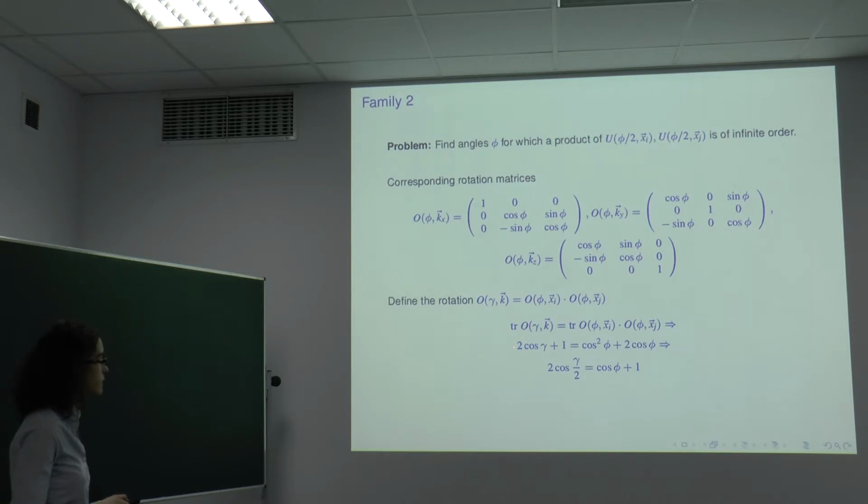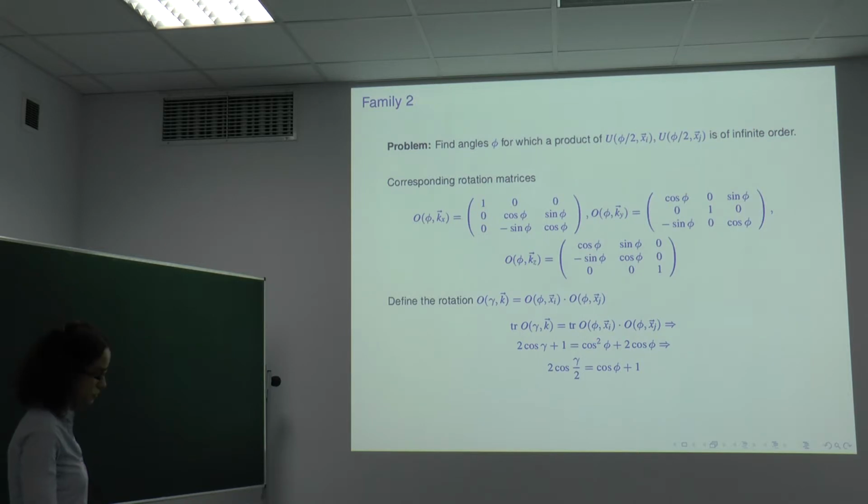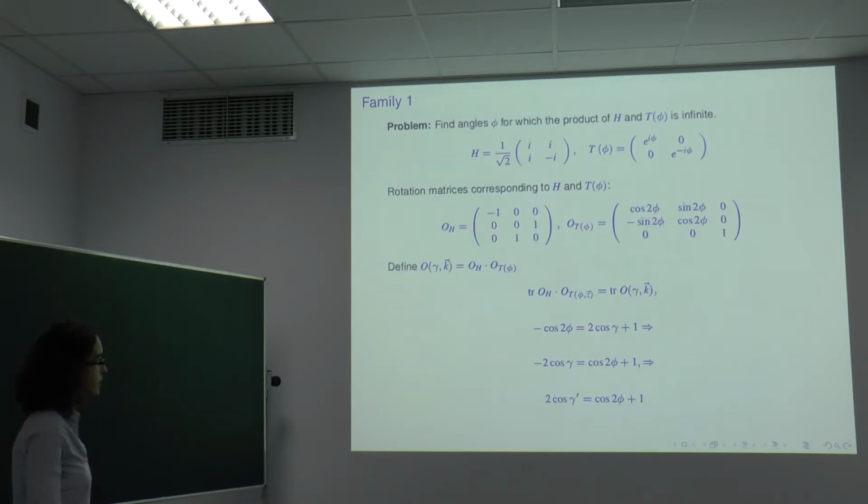After diagonalization, the trace is 2 cosine gamma plus 1. On the other hand, the trace of this product has this form. And after transformations that are much more non-trivial than in the previous case, we obtain this equation. Note that this final equation is very similar to the previous final equation.